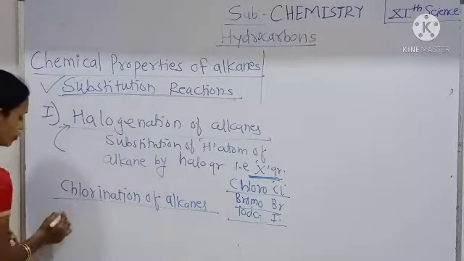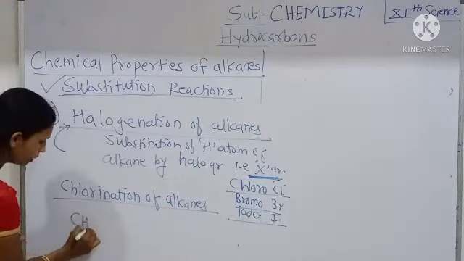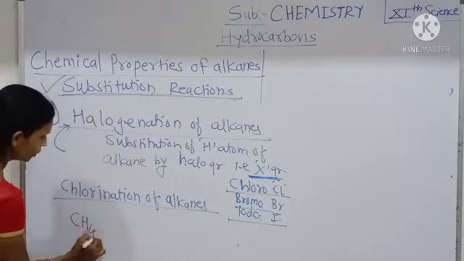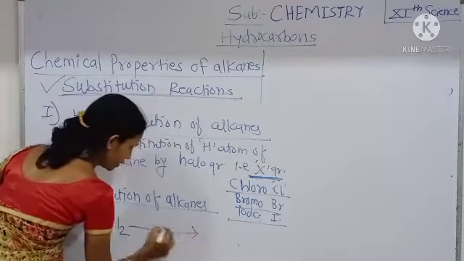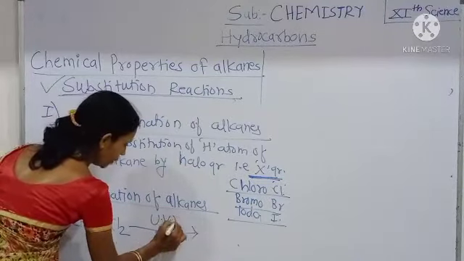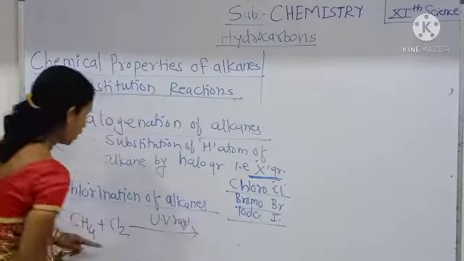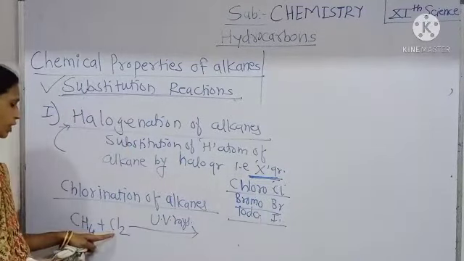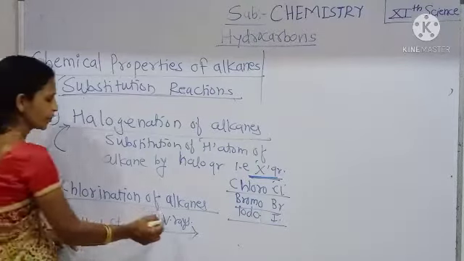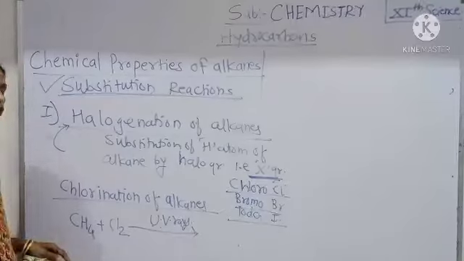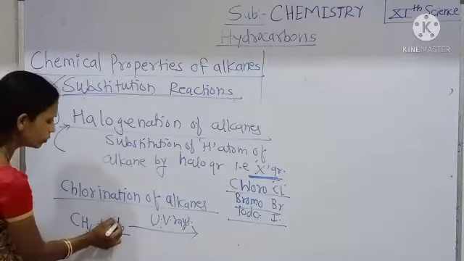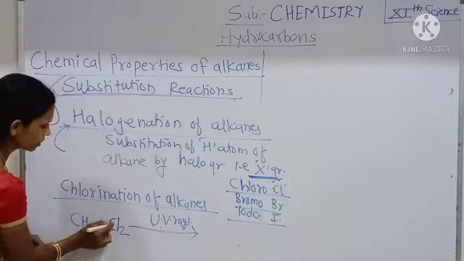That is the first member, methane, which undergoes chlorination in the presence of UV rays. Whenever chlorination takes place, UV rays are required to carry out the process.